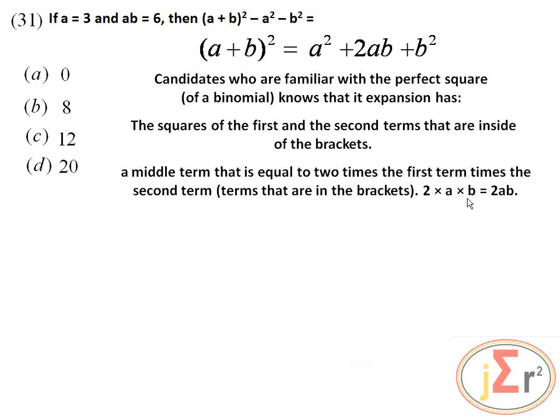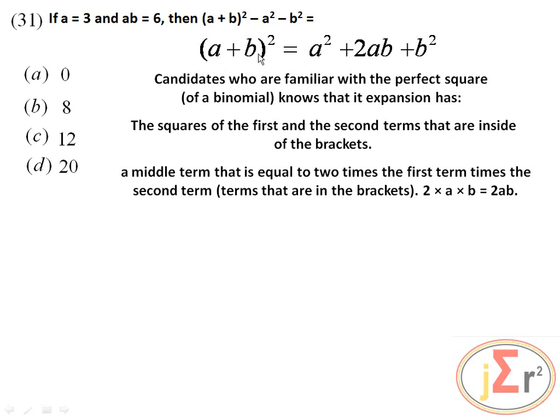Those who are familiar with the perfect square know that the perfect square of a binomial will have the square of each of the terms inside of the bracket, which are a and b. We will have a squared and b squared.